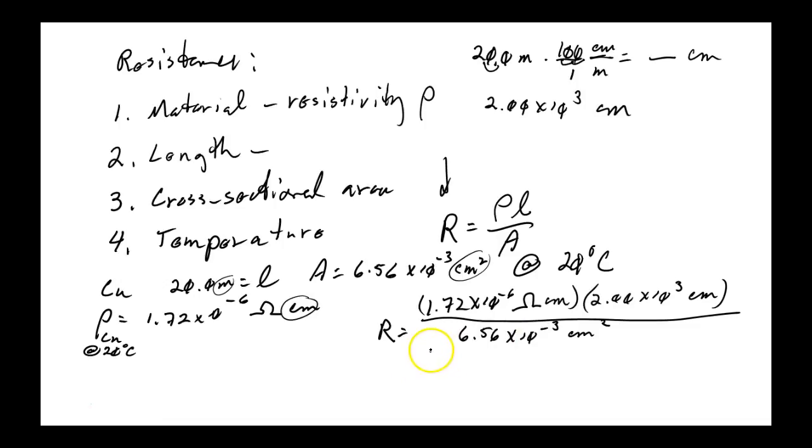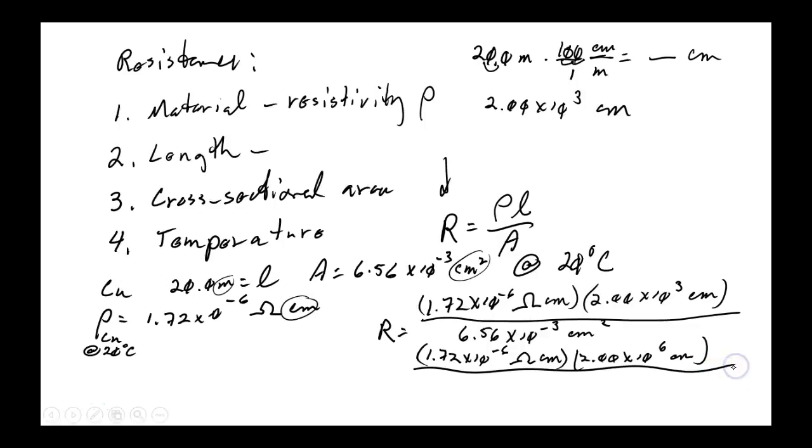So that's going to give us 1.72 times 10 to the minus 6 ohm centimeter. And I'm going to just do the exponents here. 3 minus a minus 3 is 6. Minus a minus is plus. So that would be 2.00 times 10 to the 6 centimeter.